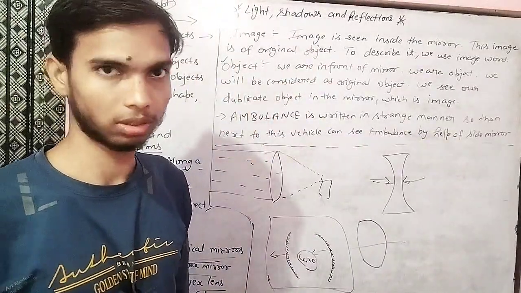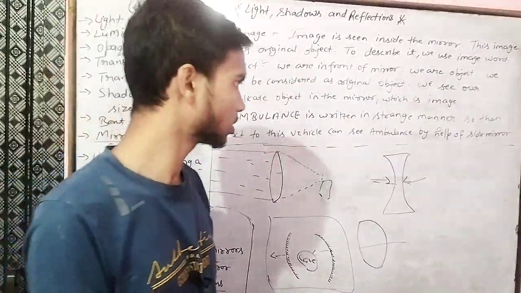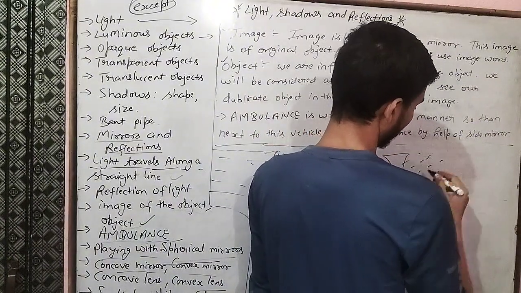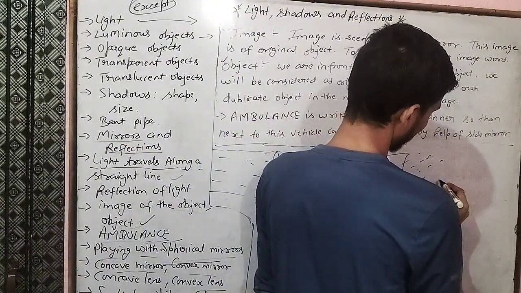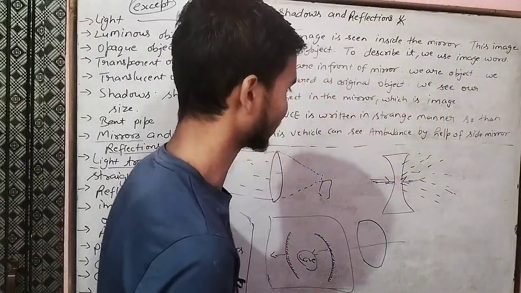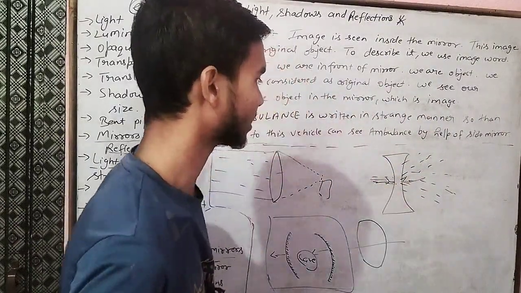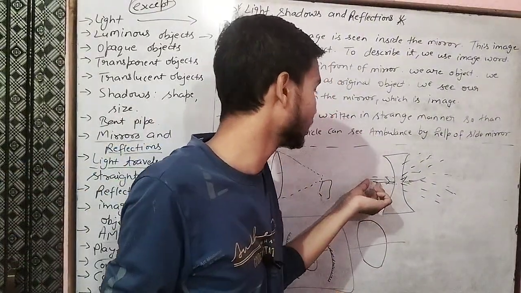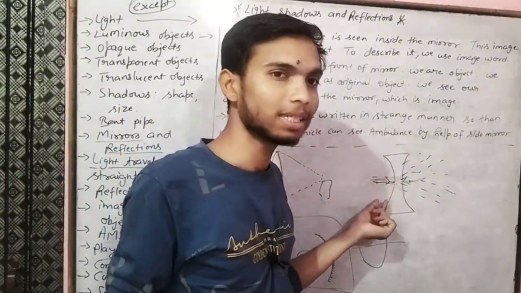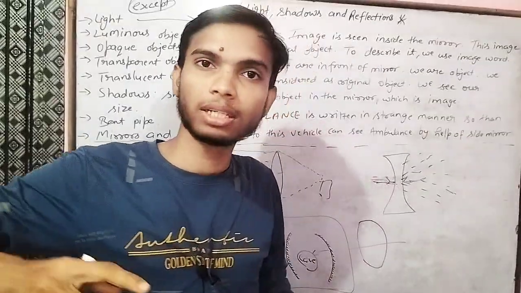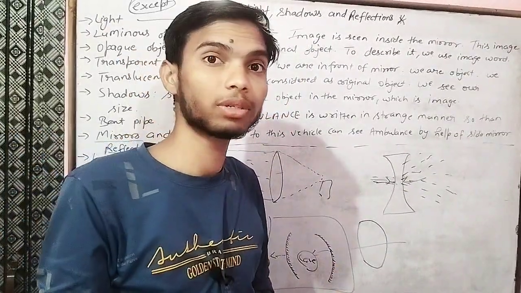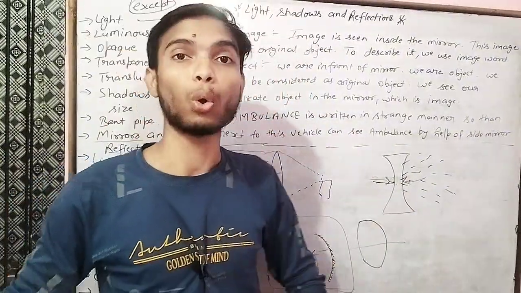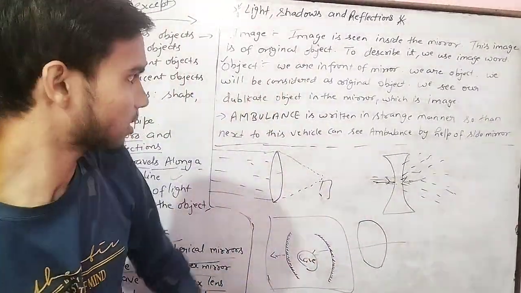Here, through a hole, light emits out like this. So light emits through the help of a concave lens. This lens will diverge the light.